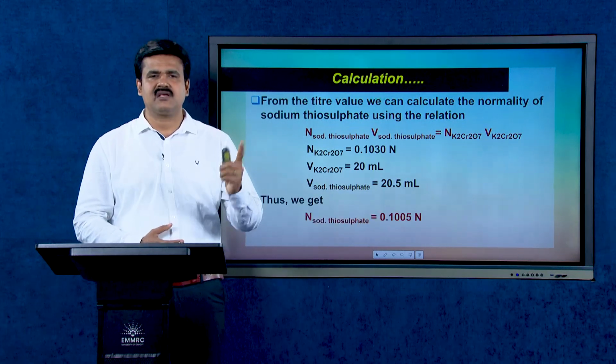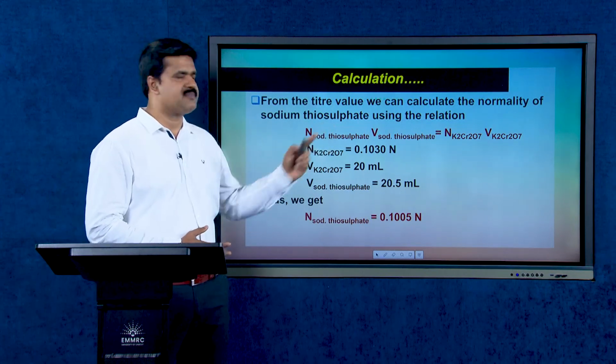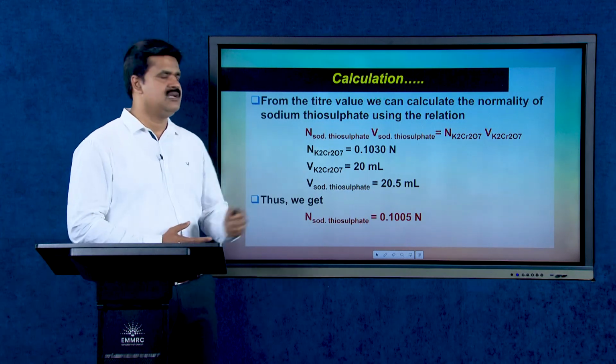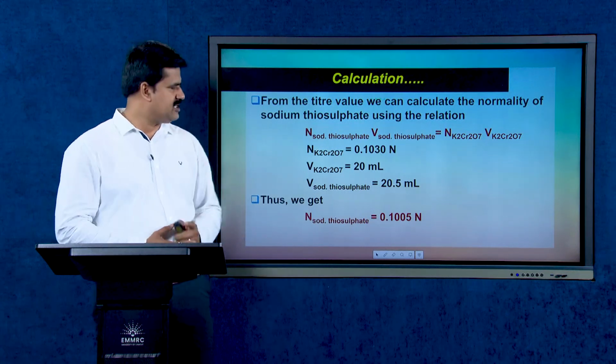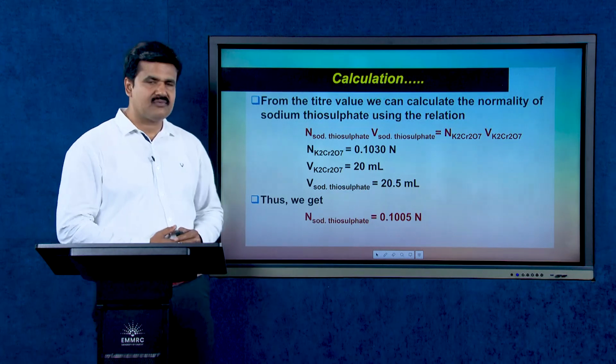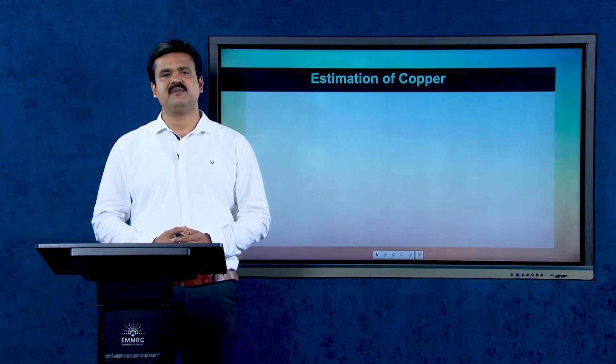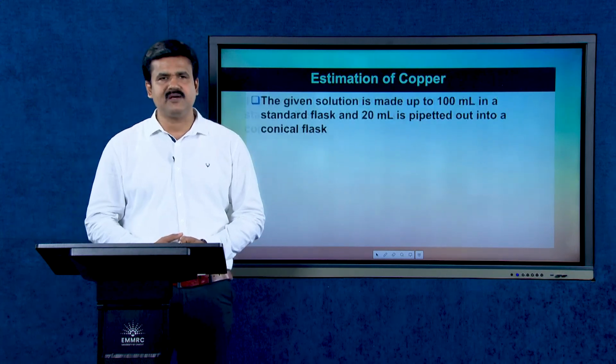You can calculate the normality of sodium thiosulfate by using the present equation, and you got the value as normality of sodium thiosulfate equal to 0.1005 normal.